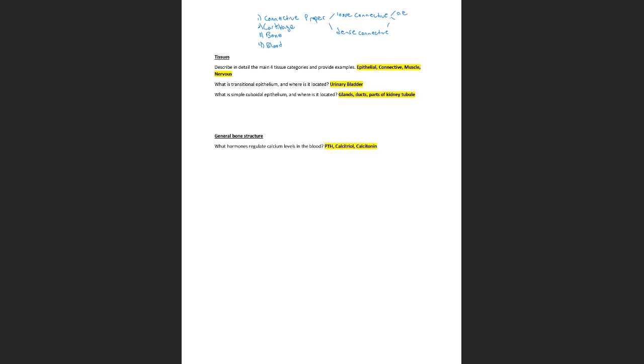We have areolar, we have adipose, and then we have reticular. Dense connective tissue, also subdivided into three categories. We have regular dense connective, we have irregular, and then we have elastic.